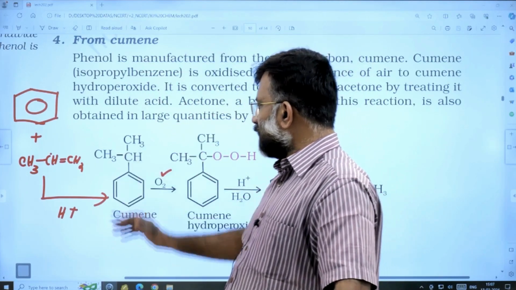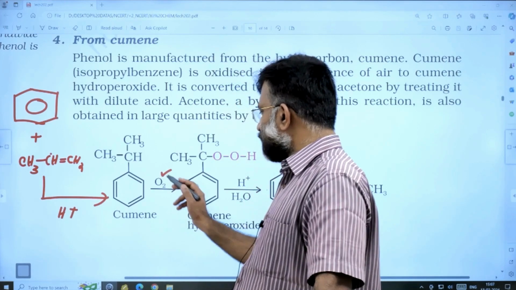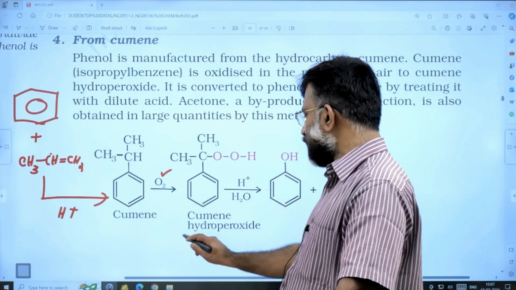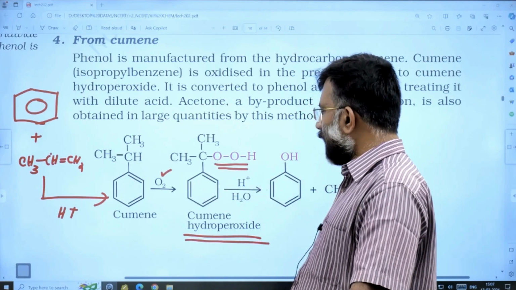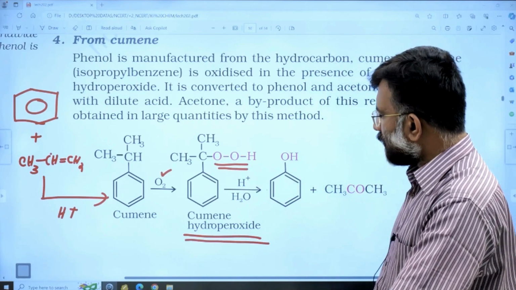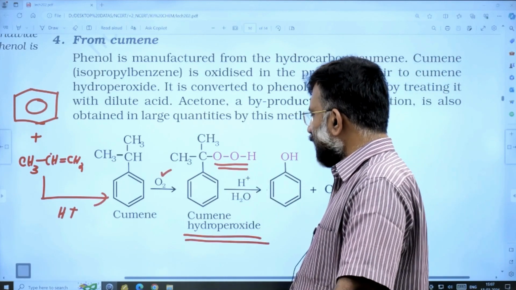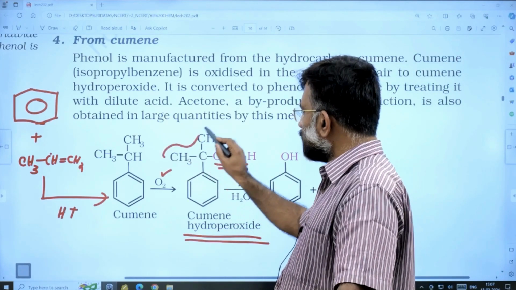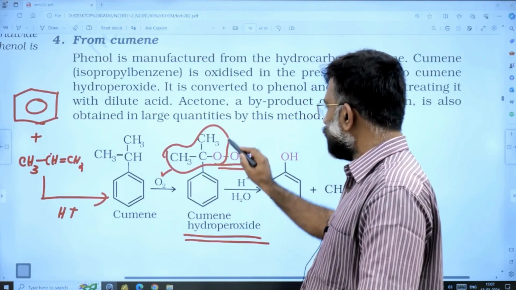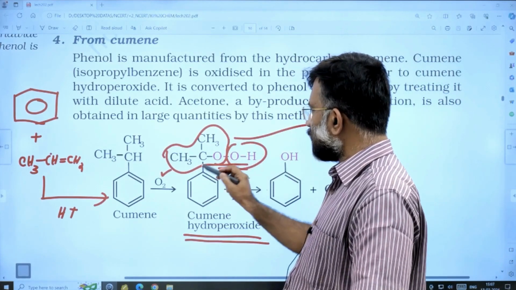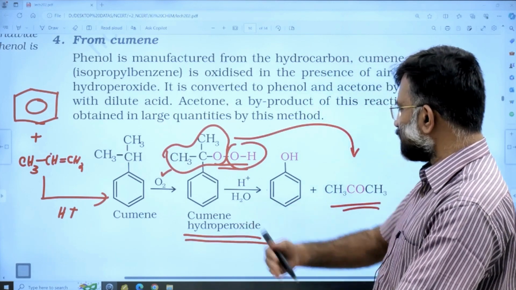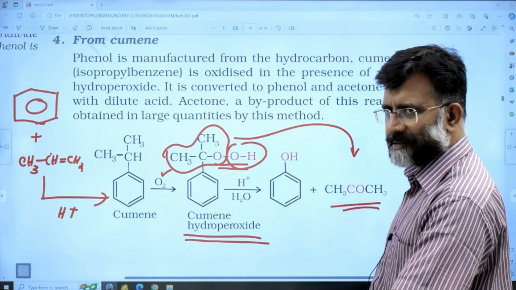And this cumene, isopropyl benzene, is treated for air oxidation. You get cumene hydroperoxide, which upon treatment with sulfuric acid, as you can very well understand, this part of the molecule will come out as acetone, and this OH group will come here, and definitely there is a suitable mechanism which we can discuss in the classes.